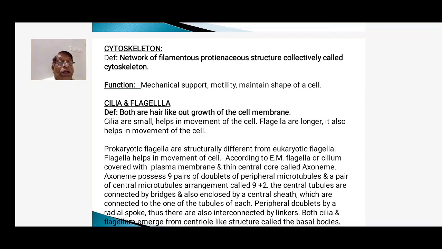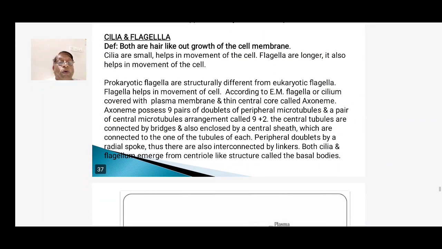The central sheath is connected to one of the microtubules of the peripheral doublets by a radial spoke.